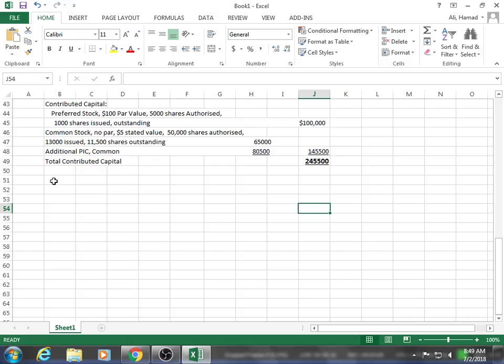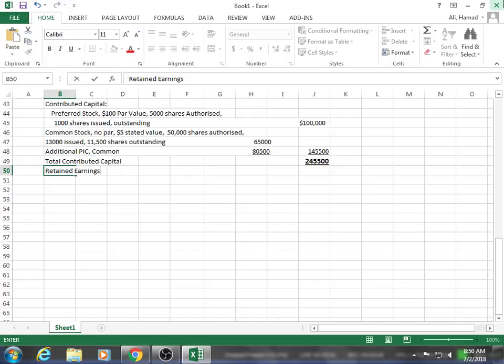So I'm going to write down retained earnings. Do we have a retained earnings?